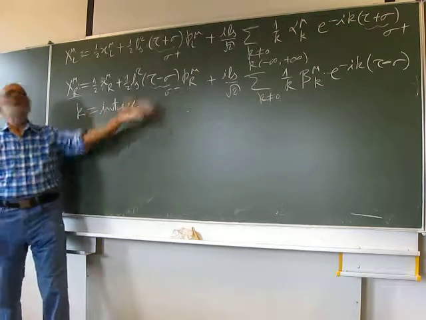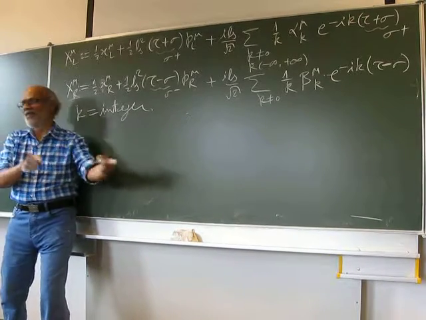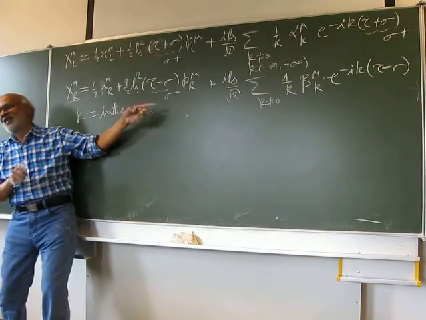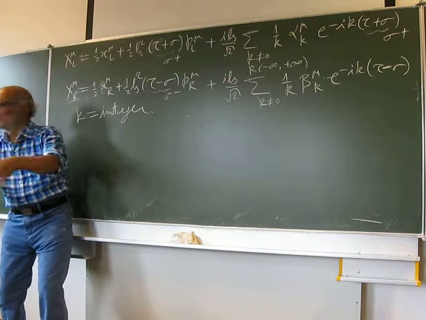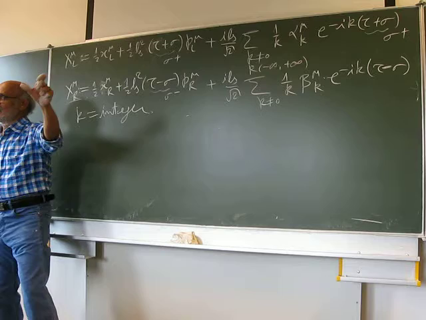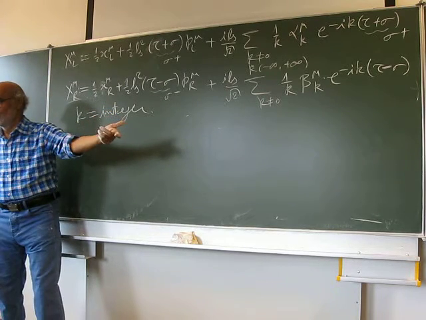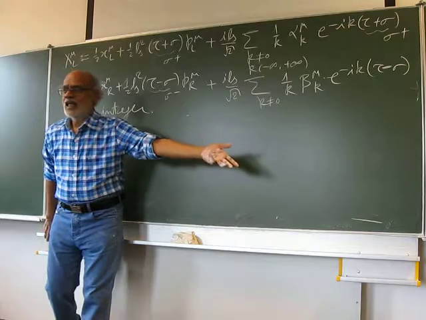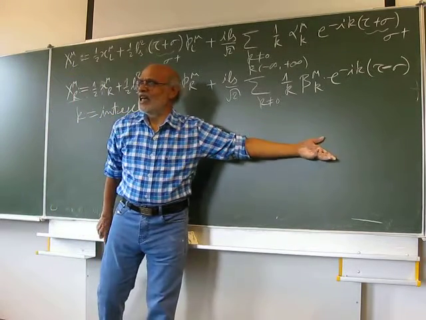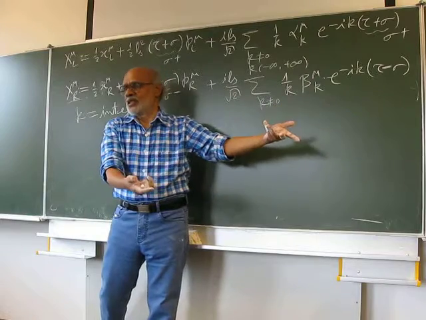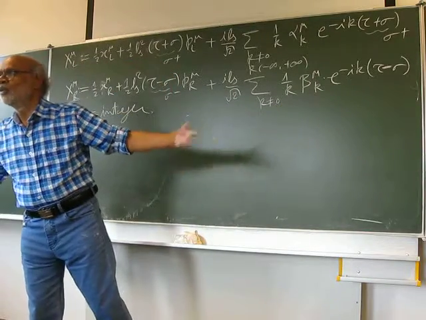Closed string, it's an integer. But if you consider Neumann, Dirichlet, Neumann, K is not an integer. I would not be considering these details, but it's very trivial. You apply those conditions at one end, at sigma equal to 0, you apply x dot equal to 0, for example. At the other end, you apply x prime equal to 0 and derive the consequences. You will find that K should be half integer.